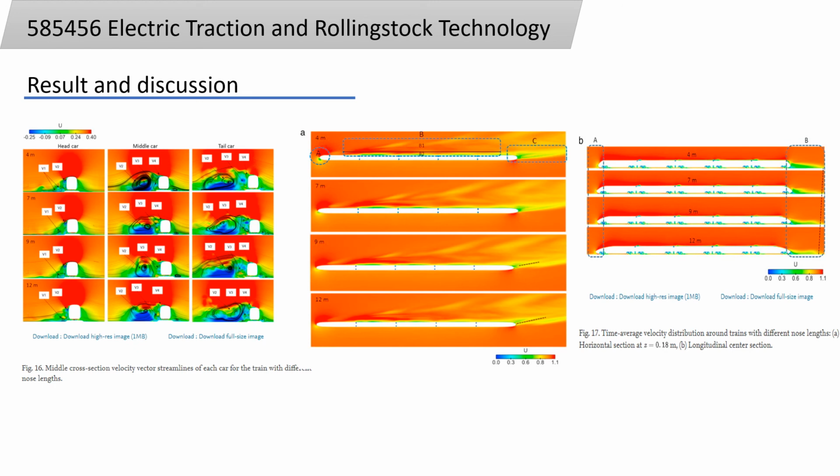According to the simulation in figure B, we can tell that the velocity for the nose length of 12 meter is the greatest compared to the rest.